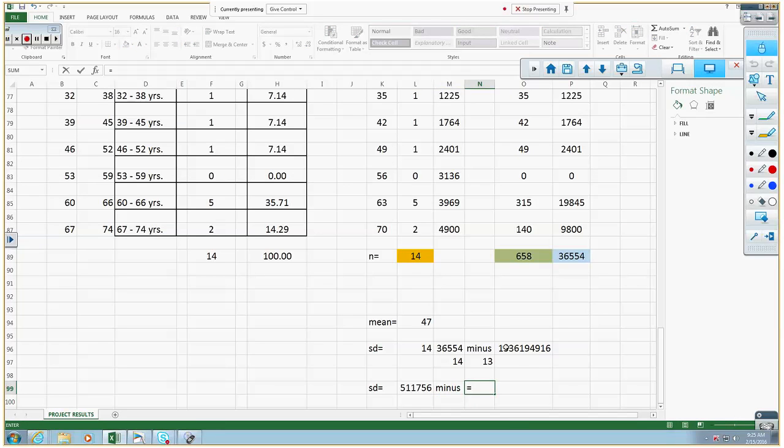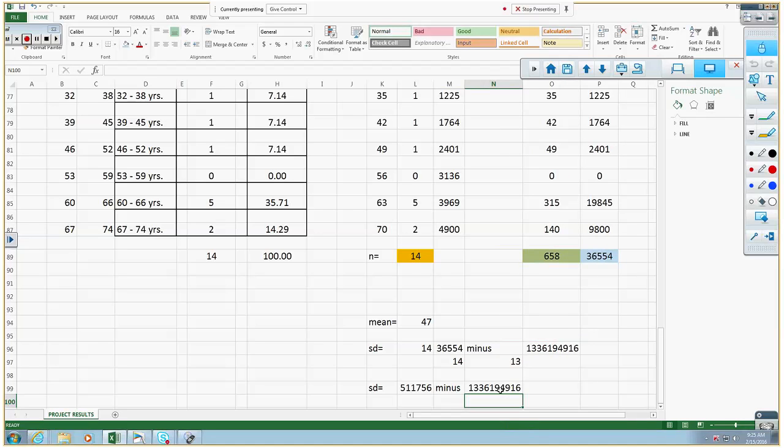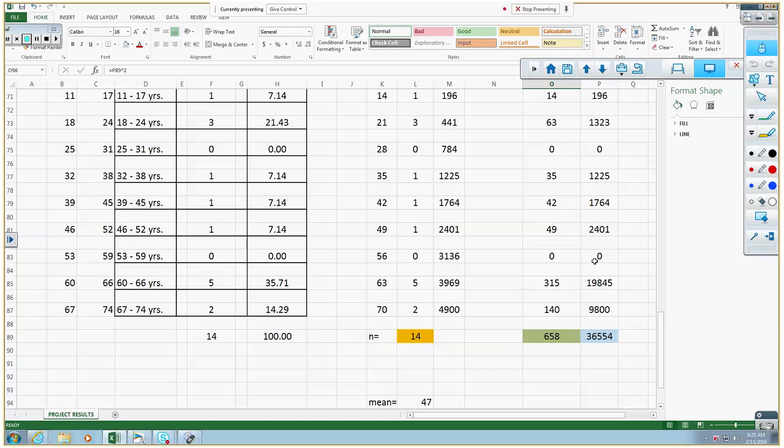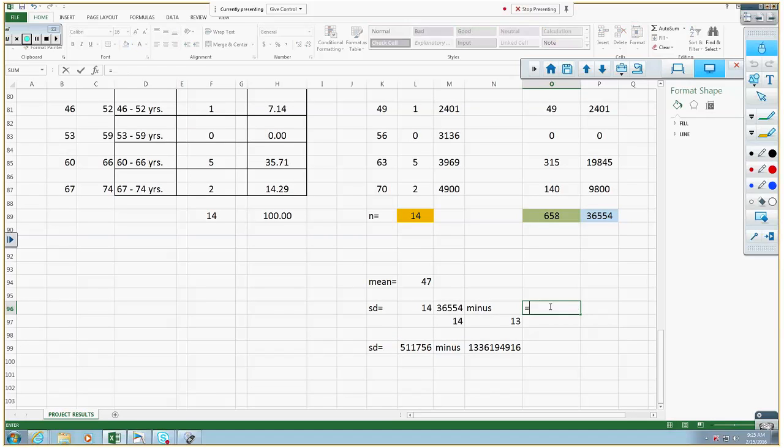Somebody tell me how I know something's wrong. Because this number is bigger than this number, and that ain't going to work. First of all, let me look. P89. I got the wrong one. It's supposed to be this one. My bad. Equals this number squared.